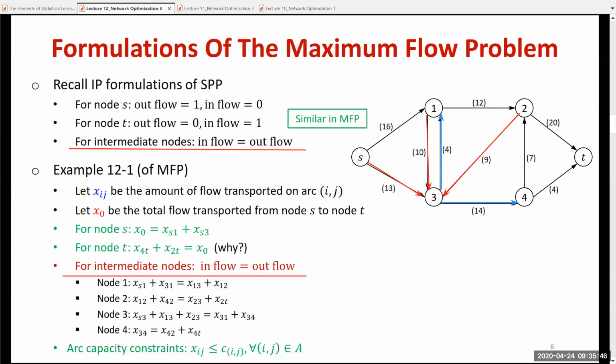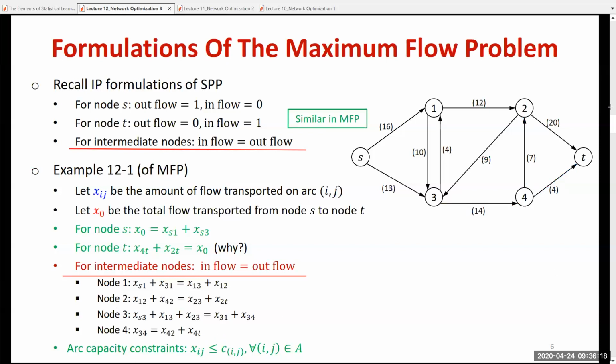So you must have xs3 plus x13 plus x23 equals x31 plus x34. Okay, and finally for node 4, I only have 1 incoming, which is x34. For outgoing flows, I have x42 and x4t. So finally, you have x34 equals x42 plus x4t.